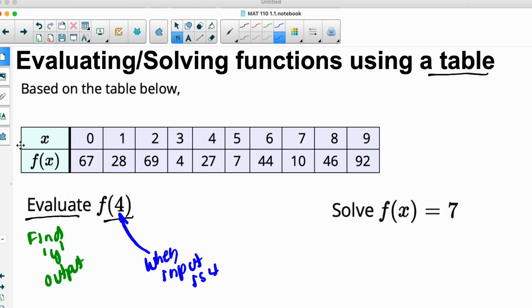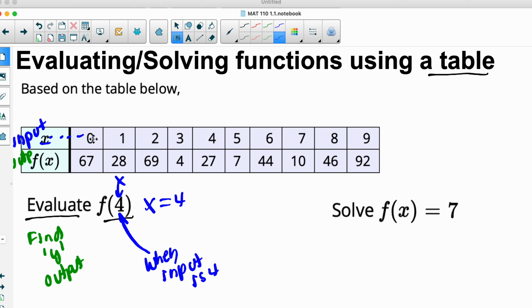Remember I said earlier that when we write relationships or functions in tables, we've got the input on the top row and the output on the bottom row. And we can see this here as well because these are x values, or inputs inside the parentheses, and then f of x is on the second row. So this means that we're given x equals 4 and we want to know what f of x is.